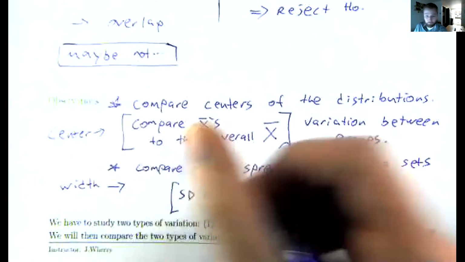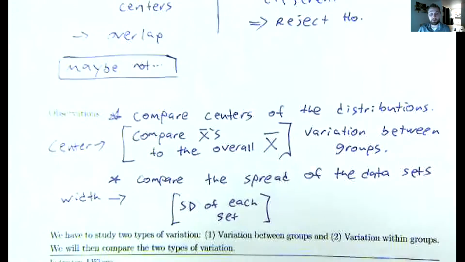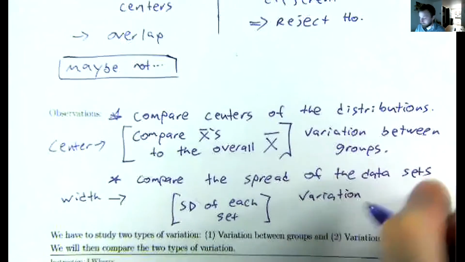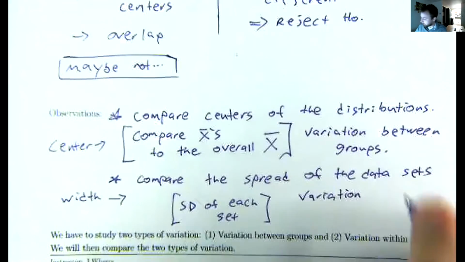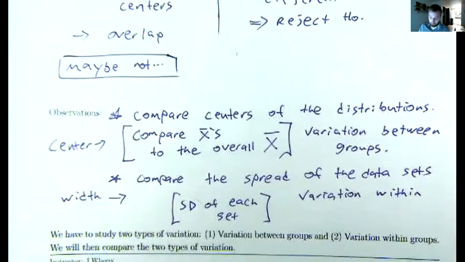And both of those components, different centers and overlap, were important for telling if things look the same or if things look different. The name I'm going to give to this is the variation based off the size of the boxes. So this is an internal variation, a variation within.